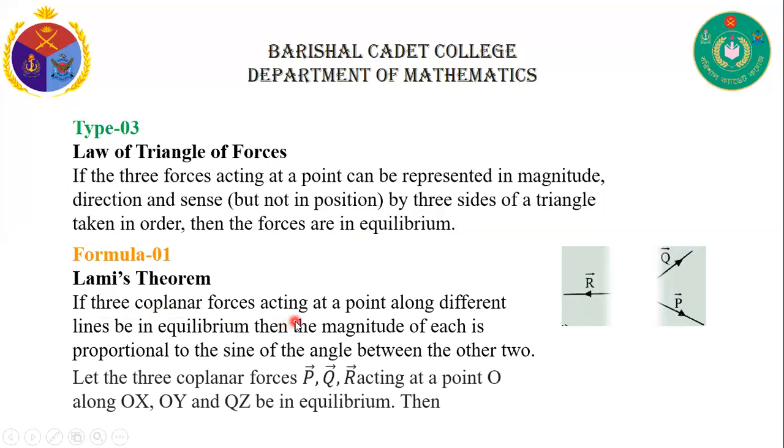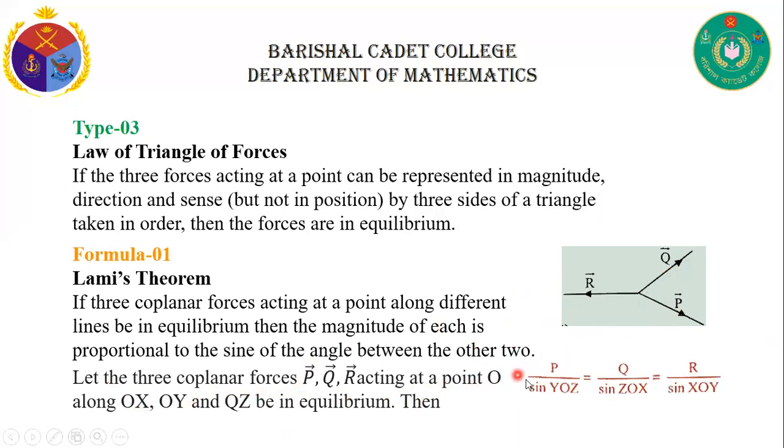If three coplanar forces acting at a point along different lines are in equilibrium, then the magnitude of each is proportional to the sine of the angle between the other two forces. Let three coplanar forces P, Q, and R act at a point O, along lines OX, OY and OZ, and be in equilibrium.